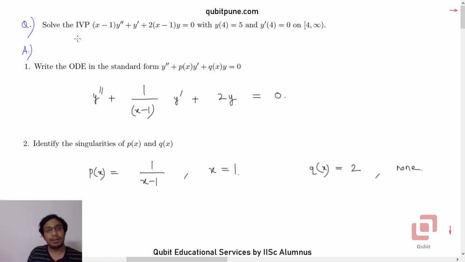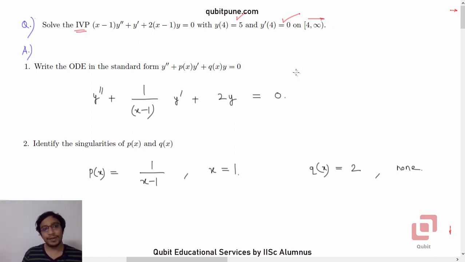We are going to solve the initial value problem consisting of the second order differential equation (x minus 1) d2y by dx squared plus dy by dx plus 2 times (x minus 1) into y equal to 0, with y(4) given as 5 and the derivative's value at 4 is 0. And we are required to solve it on the interval closed at 4 and all real numbers greater than or equal to 4.